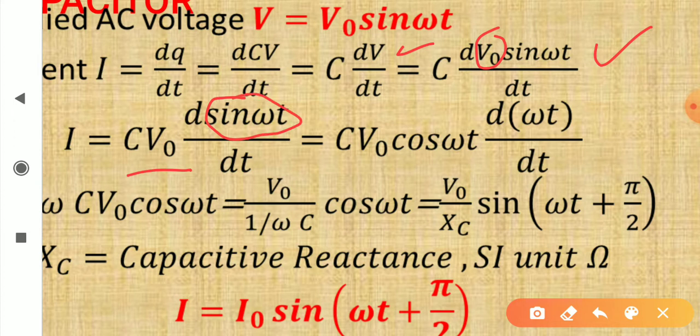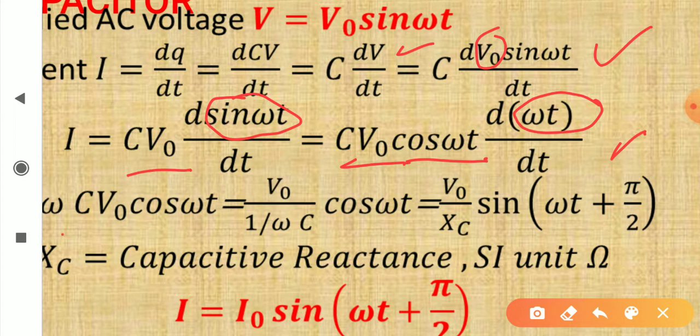For differentiation only sine omega t is left. So you get CV naught, and differentiation of sine omega t is cos omega t, and then you have to differentiate omega t also. So d by dt of omega t. When you differentiate omega t, you will get only omega.